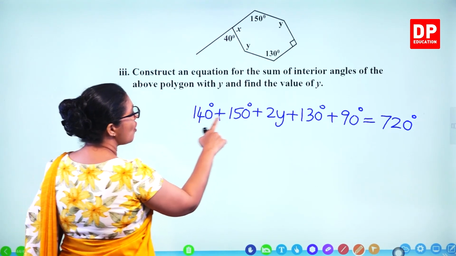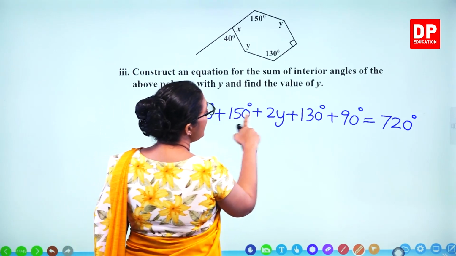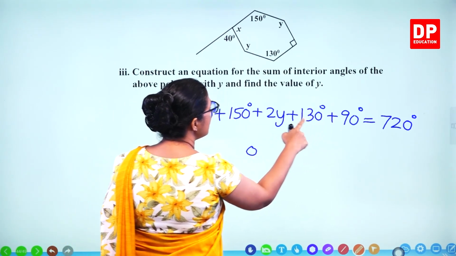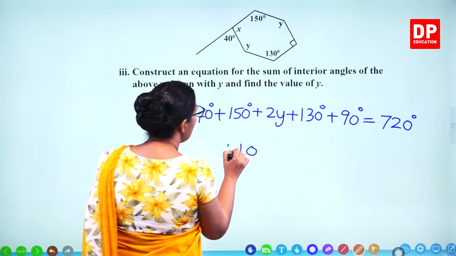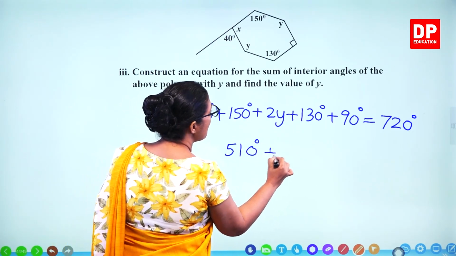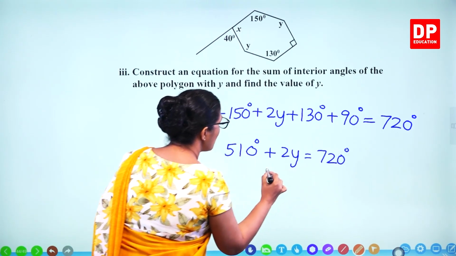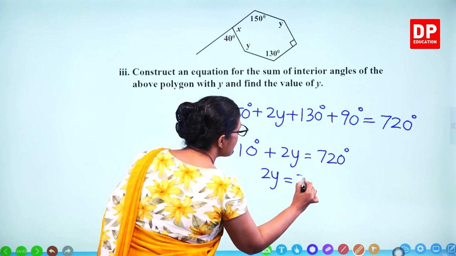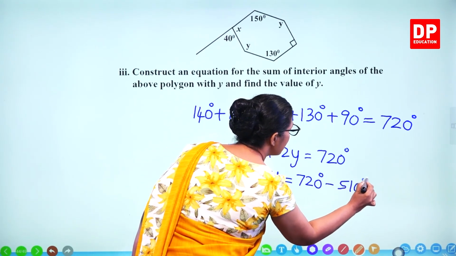So what's the addition of all these angles here? 0, 9, 9, 18, 21, 2, 3, 4, 5, 510 plus 2y equals 720. So what's 2y? 720 minus 510.